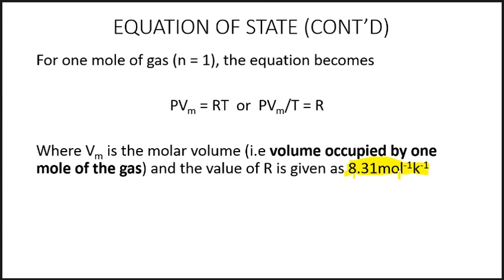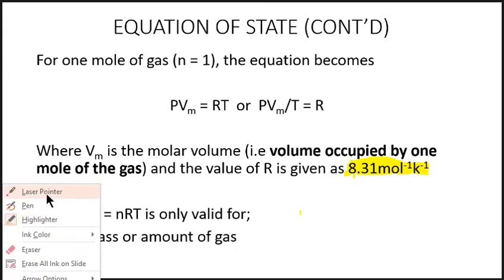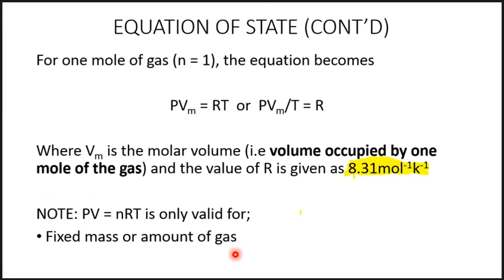PV equals nRT is only valid for a fixed mass or amount of gas, meaning that the gas must have a fixed mass or a fixed number of moles.